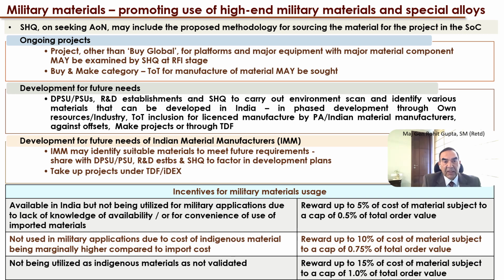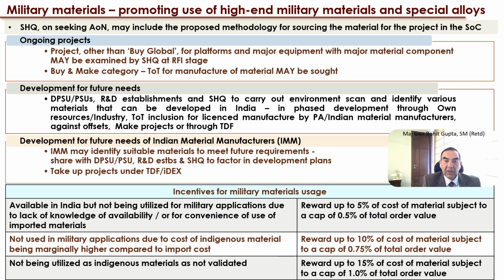Development for future needs. DPSUs, PSUs, R&D establishment and the service headquarters have to carry out environmental scan and identify various materials that can be developed in India in a phased manner through own resource or industry. TOT inclusion, that's transfer of technology, for license manufactured by nominated production agencies, Indian material manufacturers, also against offsets can be explored.